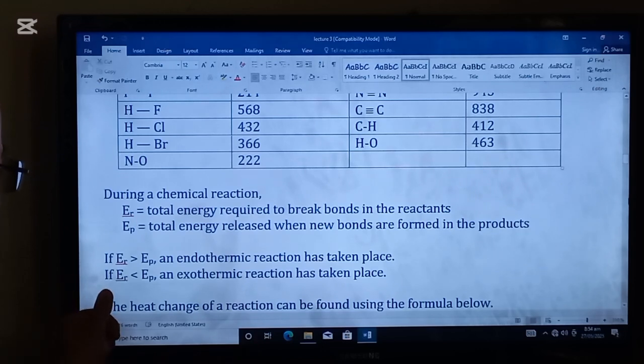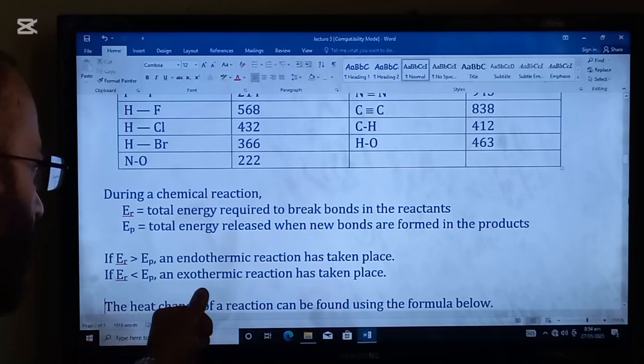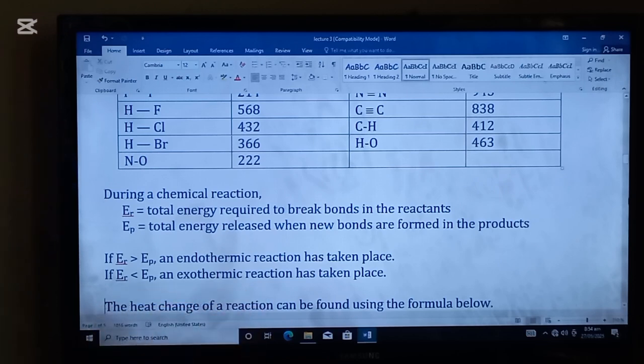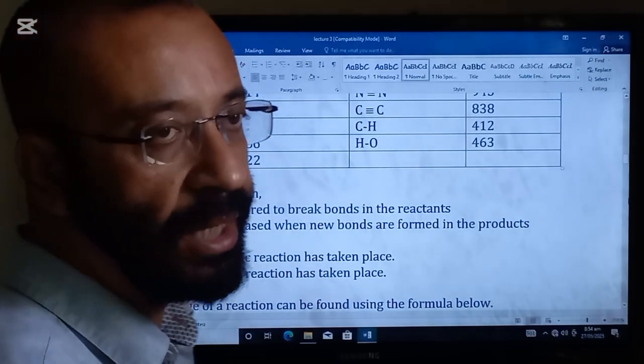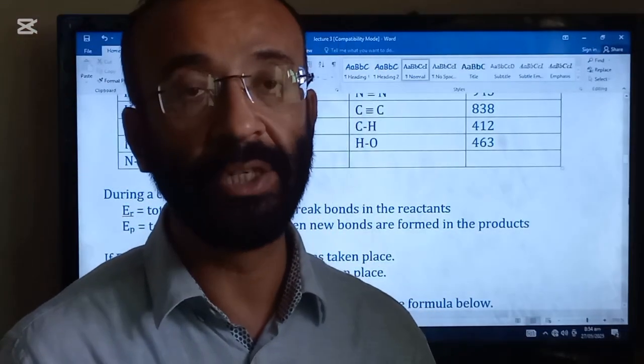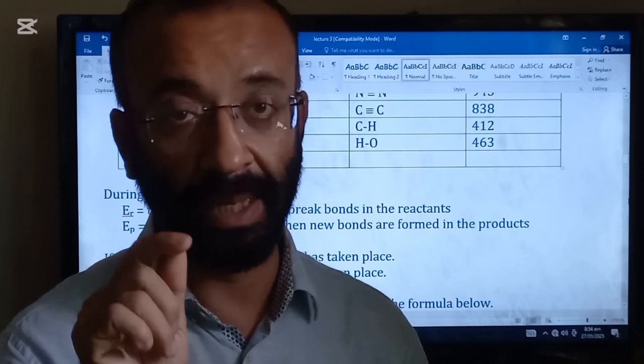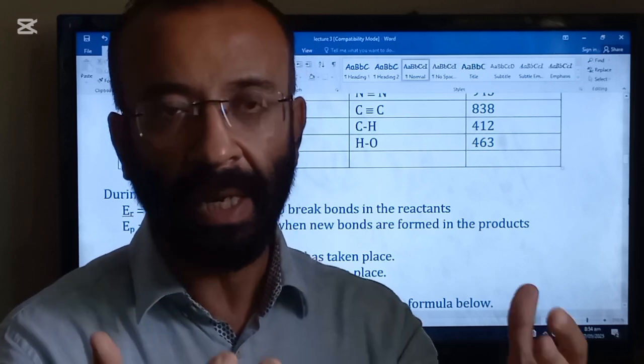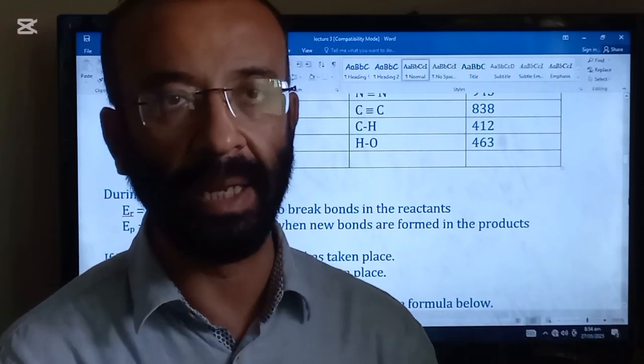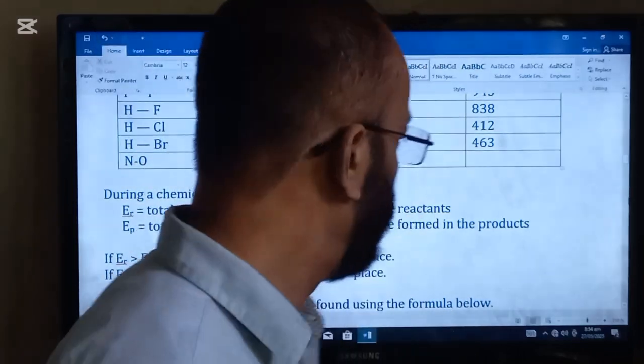If energy required is lesser than the energy released, it will be an exothermic reaction. Because in exothermic reaction, heat energy is released to the environment, whereas in endothermic reactions, heat energy is taken in from the environment.